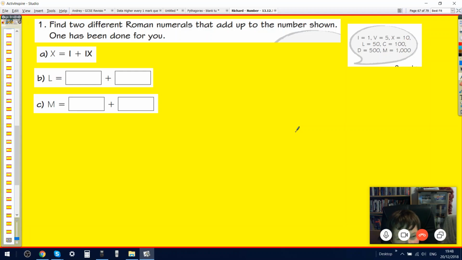I think one possible combination is 400, 501. Yeah, go on, pick 2 numbers. Well, I think a simple combination is 501 and 499.